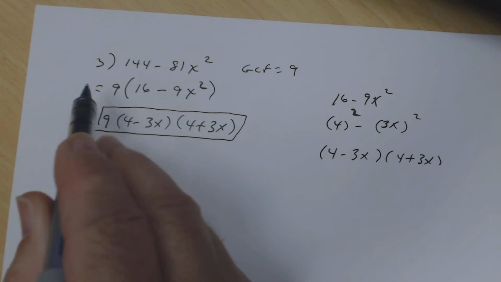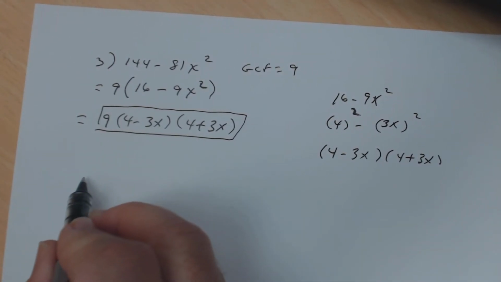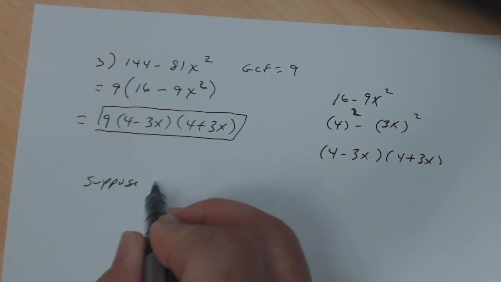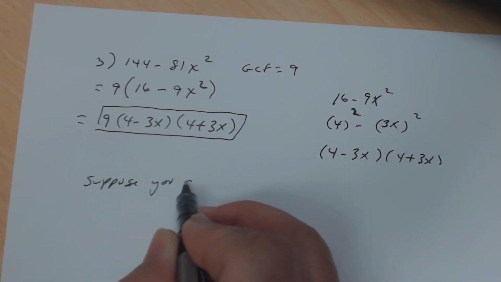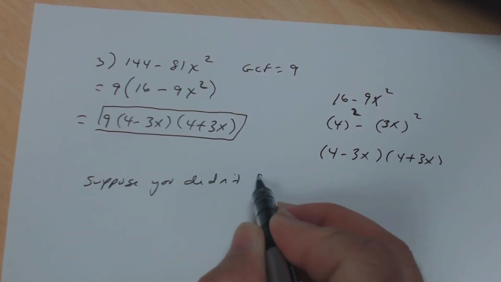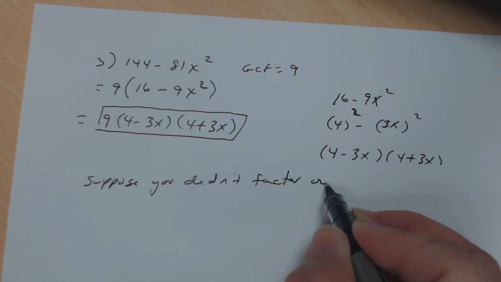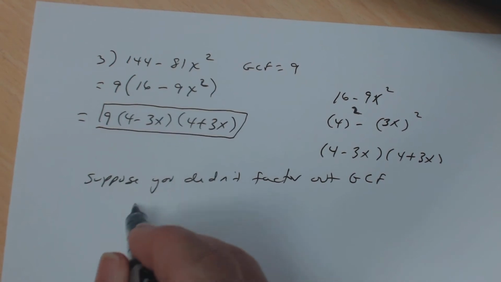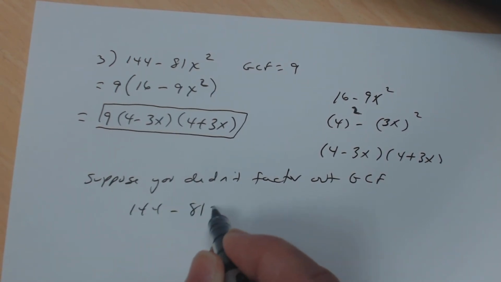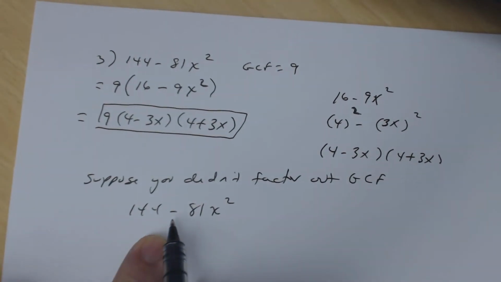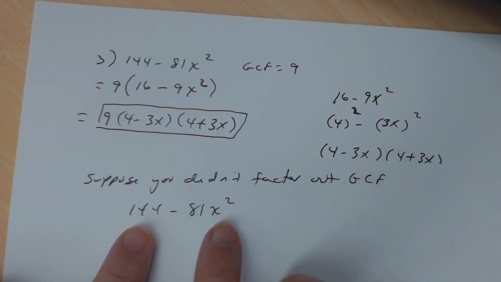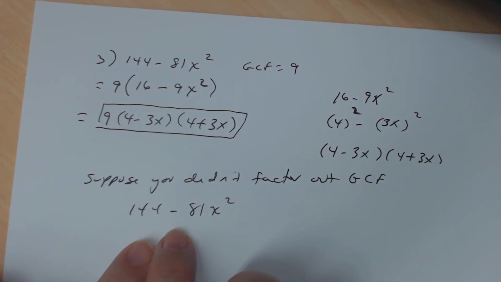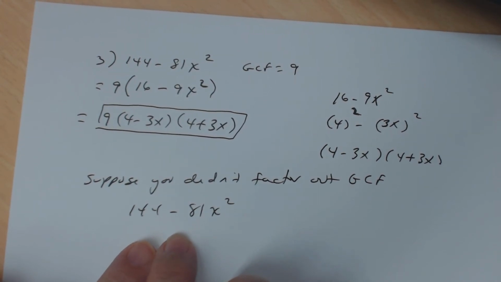Now, let's suppose the same example. Suppose you didn't factor out the GCF. If you look at this, you can notice that the way it's written, that structure, 144 minus 81x squared, it is the difference of two squares itself.